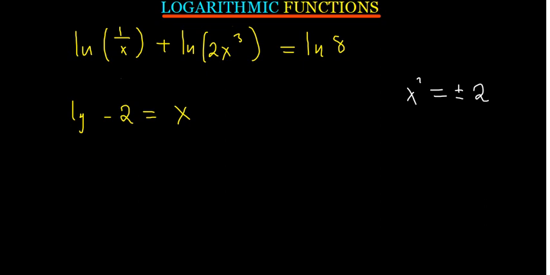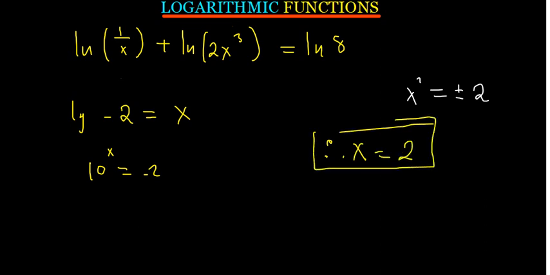So the base here is 10, so meaning that 10 to the power x is equal to negative 2. There is no power such that when you raise 10 to, it will give you a negative 2. In other words, this value which is here for a logarithm can't be negative, so that's why you only pick the positive part. Therefore x is going to be just positive 2. Can't pick the negative part.